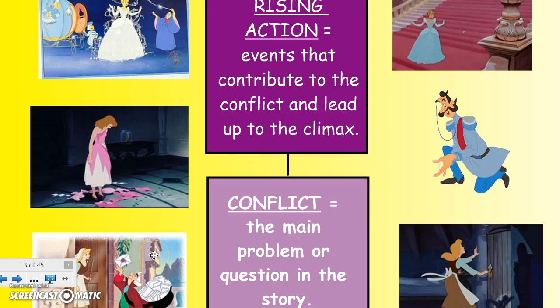when they receive the invitation to the ball and Cinderella finds out that every available woman in the kingdom is invited. It also includes when the dress that the animals make for her is destroyed by the sisters.